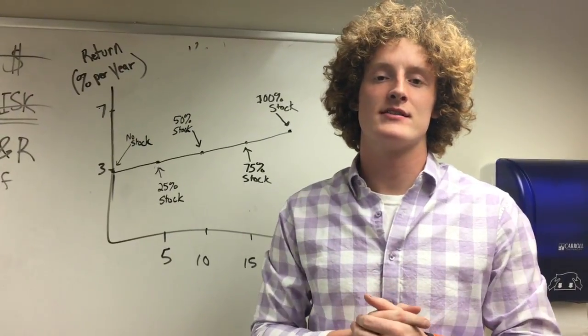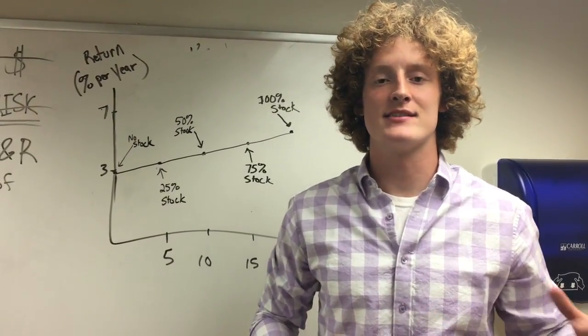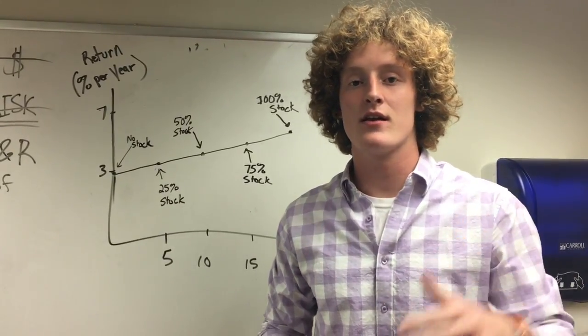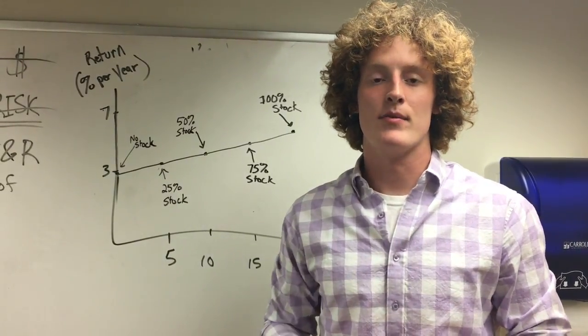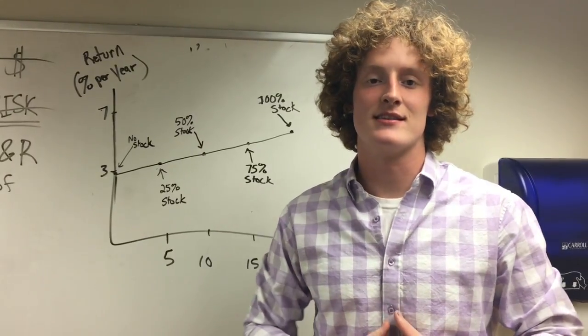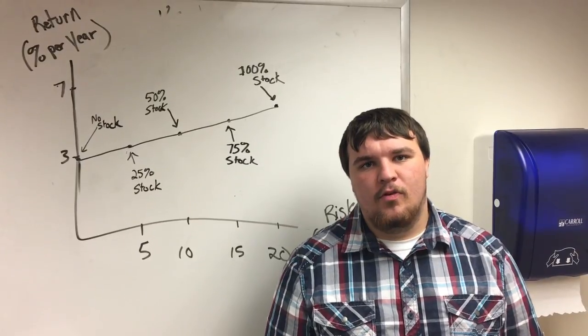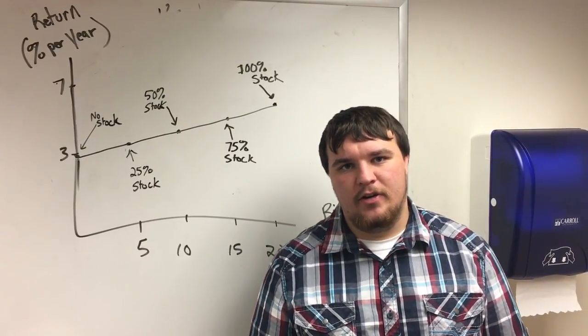When people increase the amount of savings that they invest in stocks, they also increase the amount that may come in return in their earnings. But this also increases the amount of risk. To sum it up, the more a person puts into a stock, the greater the risk and their return.